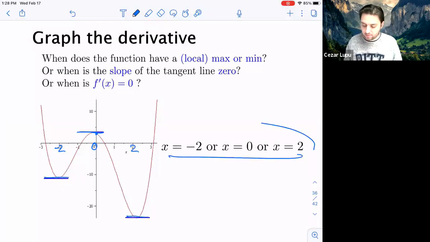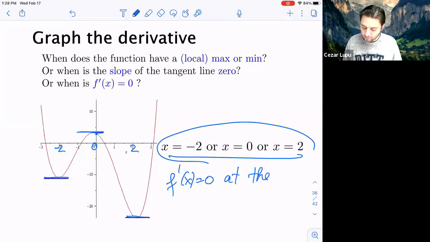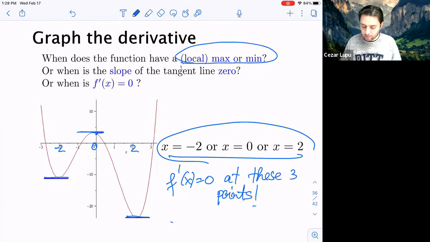So these are the 3 points. f prime of x is 0 at these 3 points. We will call these local min or local max, or local extrema.